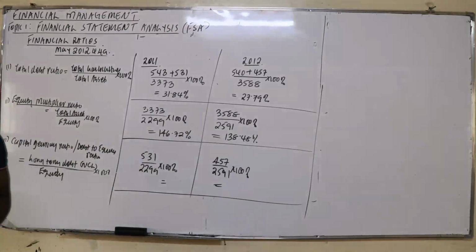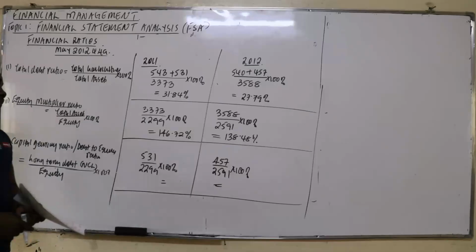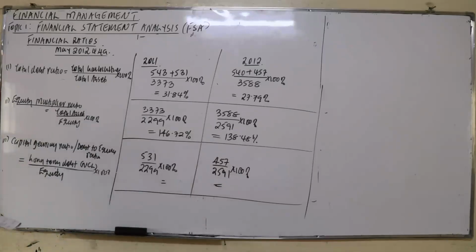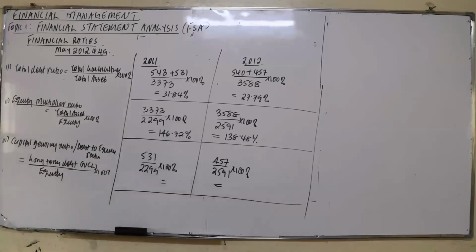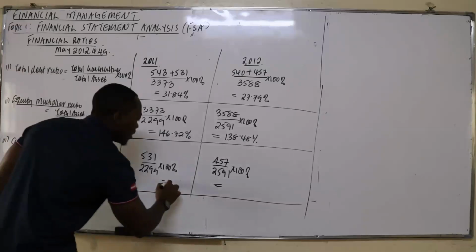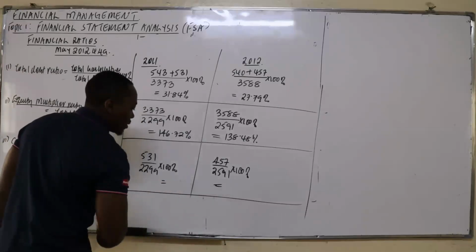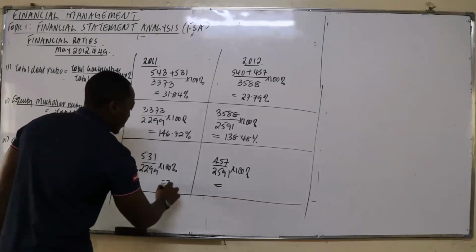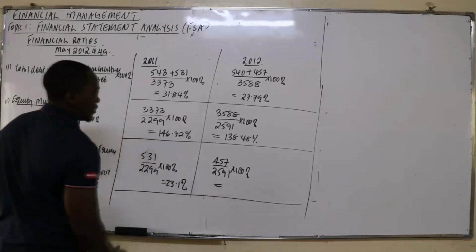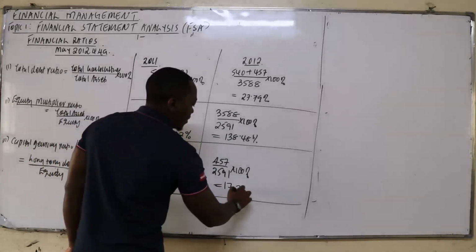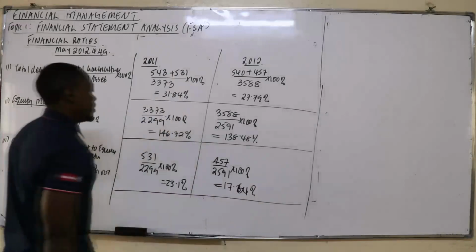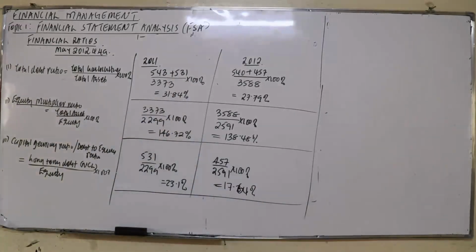What do you get? 23.1. 17.64. So you can copy.